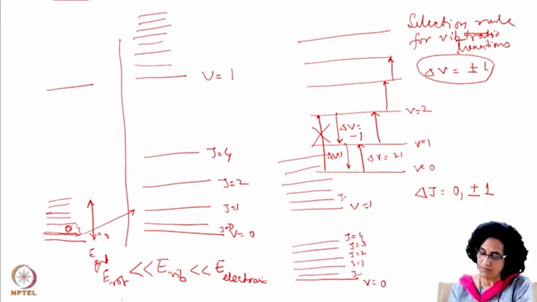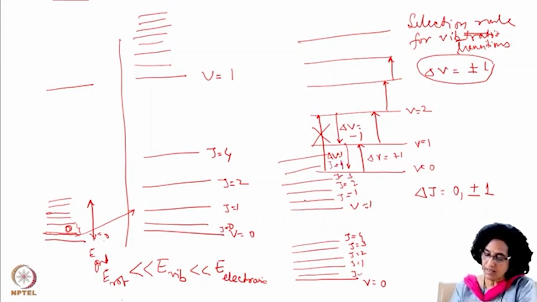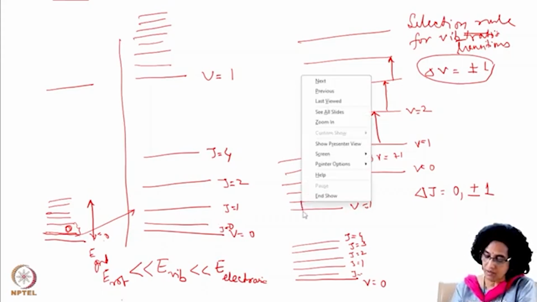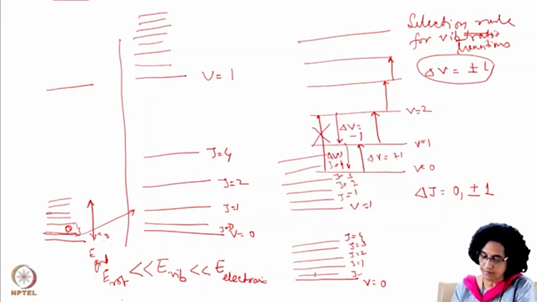Similarly, here too you have J equal to 1, J equal to 2, J equal to 3, J equal to 4. Now, suppose there is a transition from J equal to 1 to J equal to 0. Here delta J, from 1 to 0, is minus 1, which is an allowed transition.